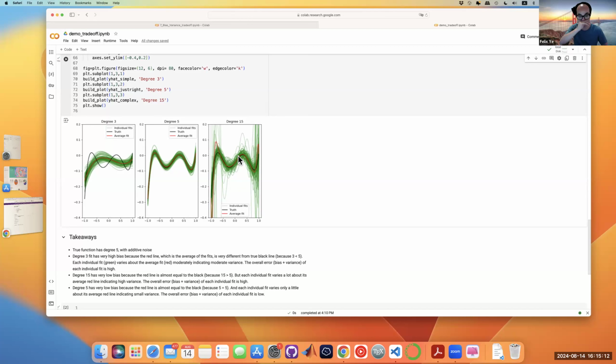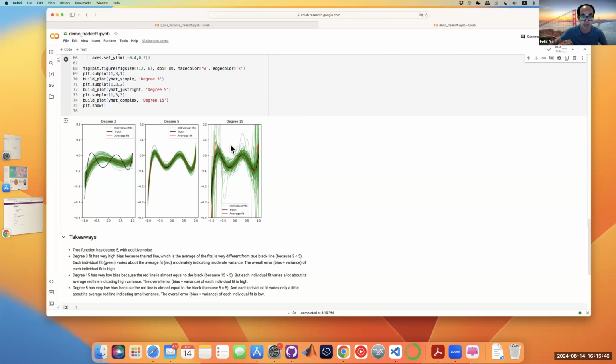On the other hand, the degree of 15 gives you a relatively small bias as well, because if we take the expectation, it is quite close to the ground truth in black. But each individual fit varies a lot, really a lot, about this average. That indicates we have very high variance right here. As a result, the total error, bias squared plus the variance of each individual fit, will be very high.